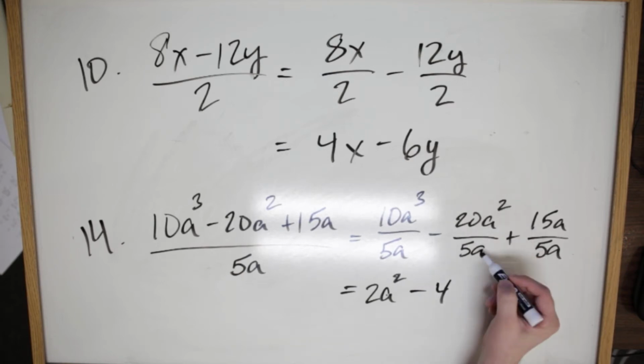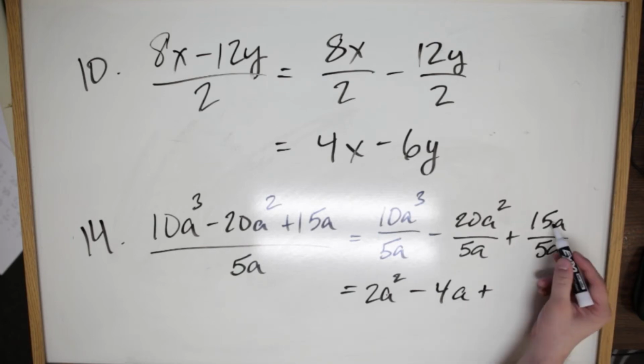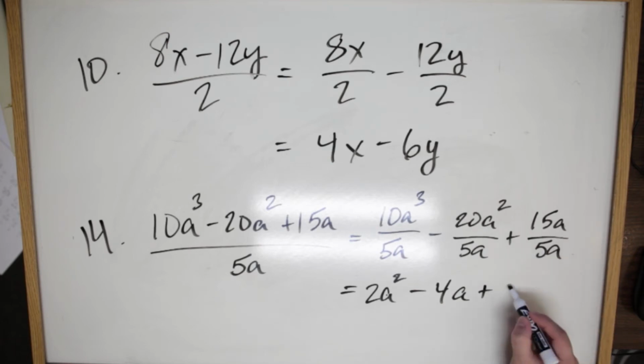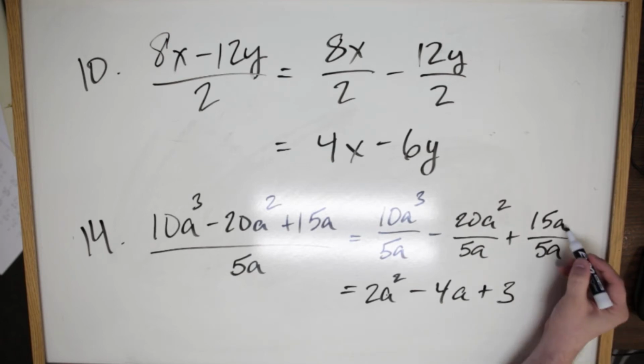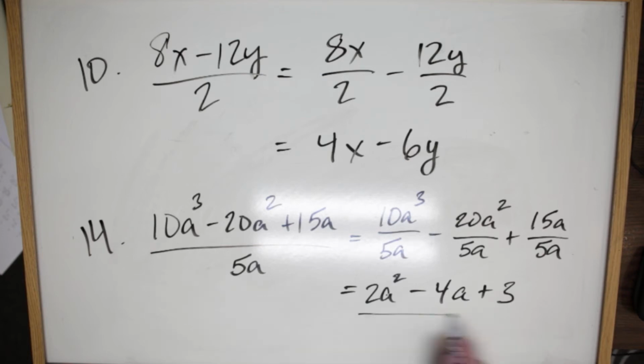A squared divided by a is going to be just a. And then over here, we get 15 over 5 is equal to 3. a divided by a is just going to be 1, so we leave it like that. So that's how you go about doing these problems.